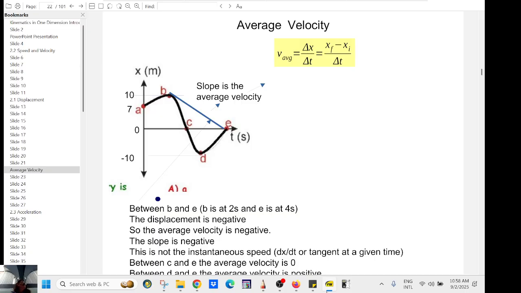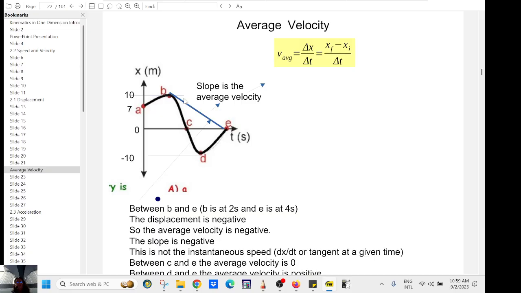Are we good? If I ask you the average velocity between C, for example, and E, what's the displacement between C and E? 0. So the average velocity will be 0, but not the average speed.